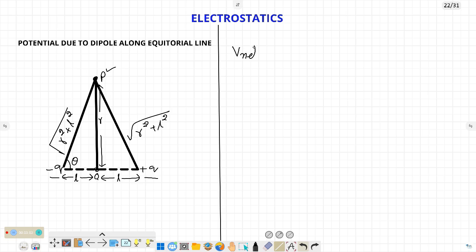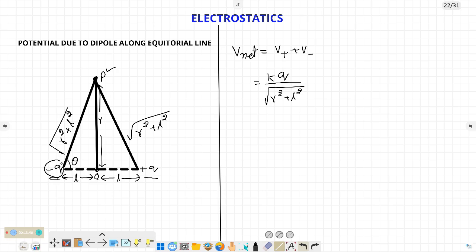So the net potential is equal to the potential due to the positive charge plus the potential due to the negative charge. What is the potential due to the positive charge? That is 1 by 4 pi epsilon naught, which I can write as K, into the charge Q, by the distance of the positive charge from the point P, which is under root of R square plus L square. Plus the potential due to the negative charge.